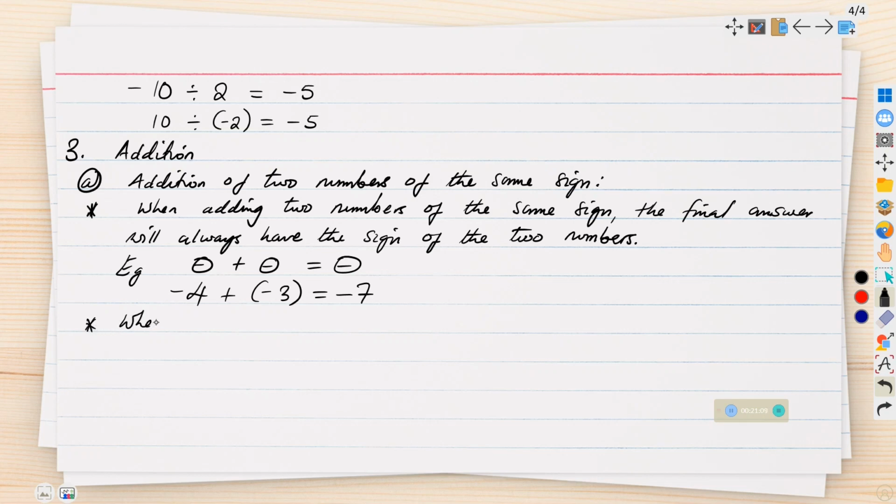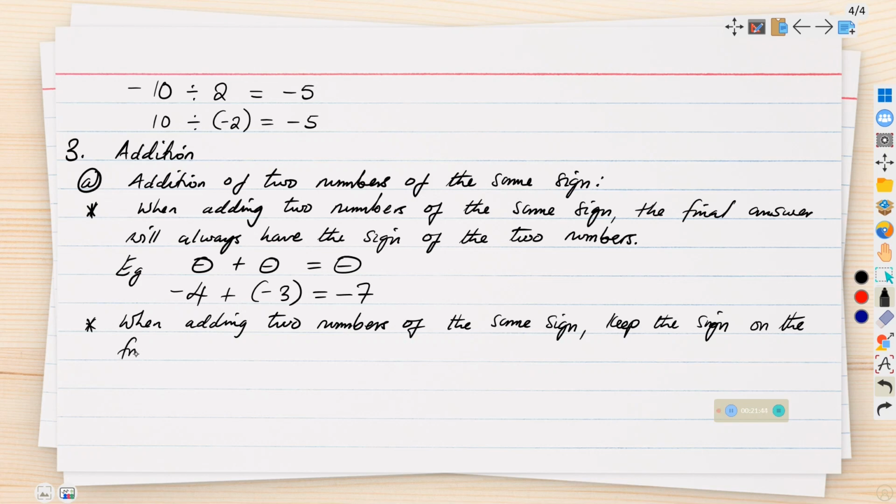When adding two numbers of the same sign, comma, keep the sign on the final answer. And add the two numbers.